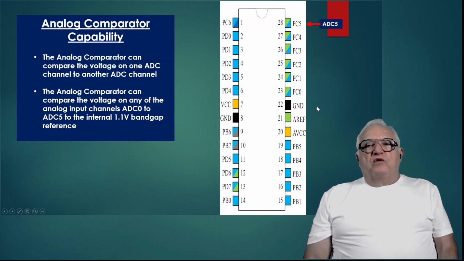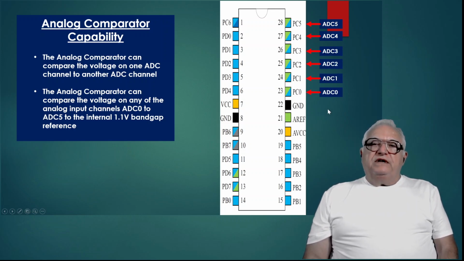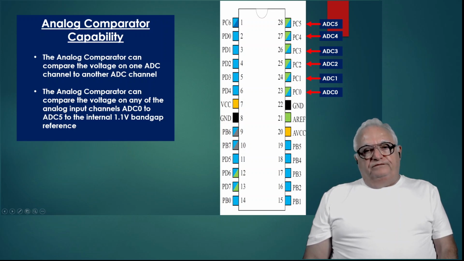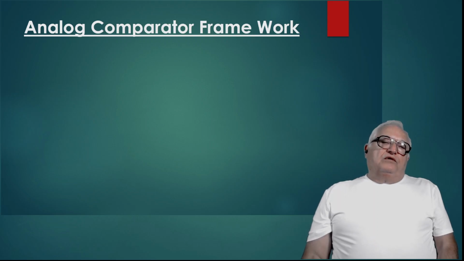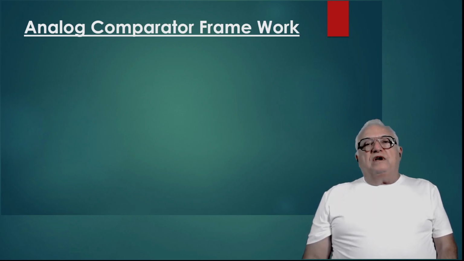So what this means is that I can use any of these pins as the reference or as an input, or I can take any of these pins and compare them to the internal band gap voltage, which is 1.1 volts, as a reference. So what I just presented gave you an idea of the different ways you can hook up your voltage sources.